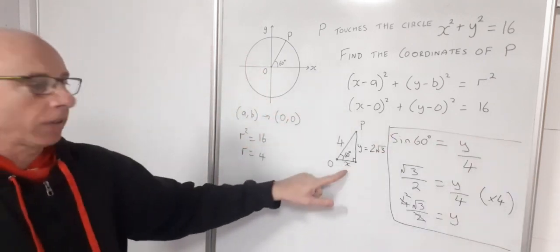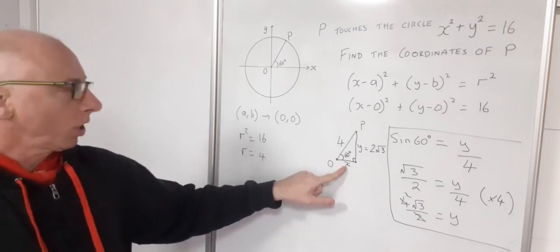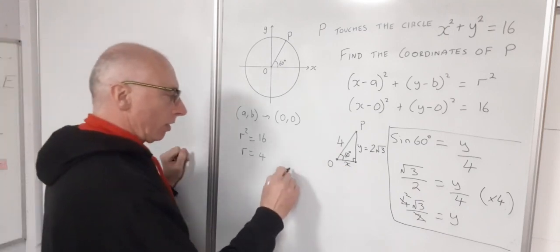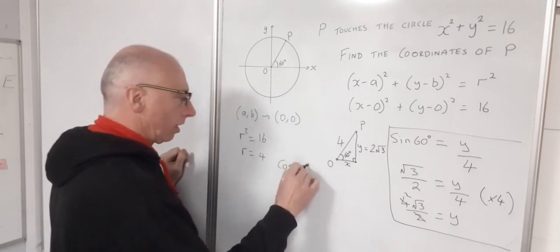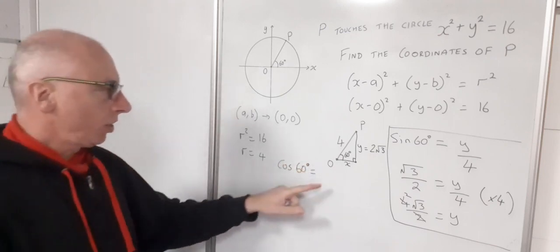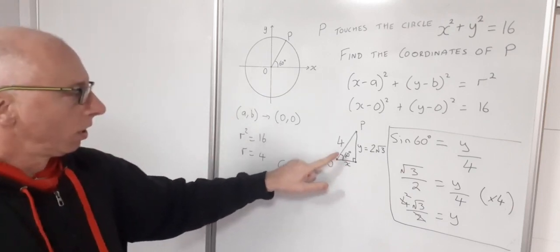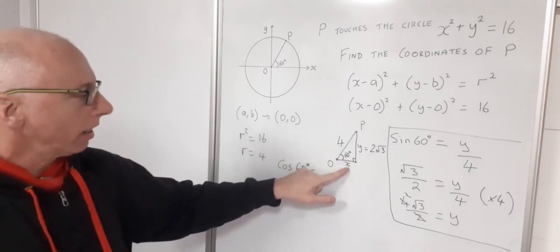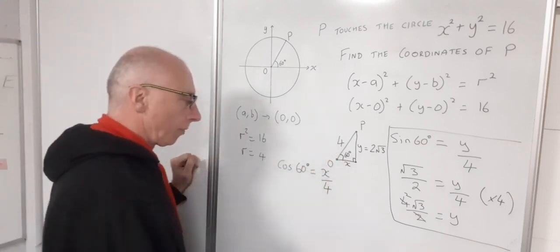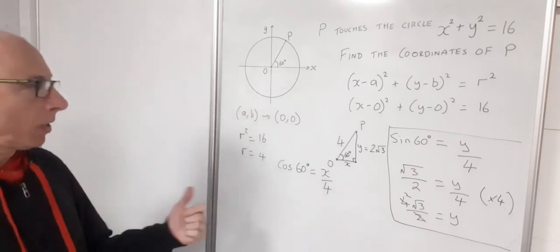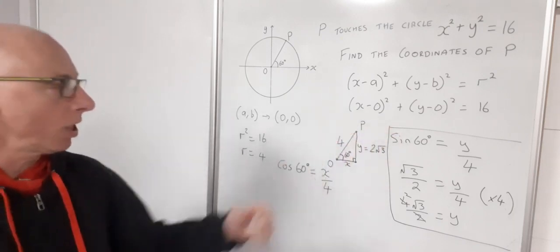So now let's have a go at calculating the x value. Well, for the x value we want cosine. So cosine of 60 degrees is adjacent over hypotenuse. Adjacent is x, hypotenuse is 4, so x over 4. Now we know what cosine of 60 degrees is. That's a standard angle in our unit circle, as was sine of 60.